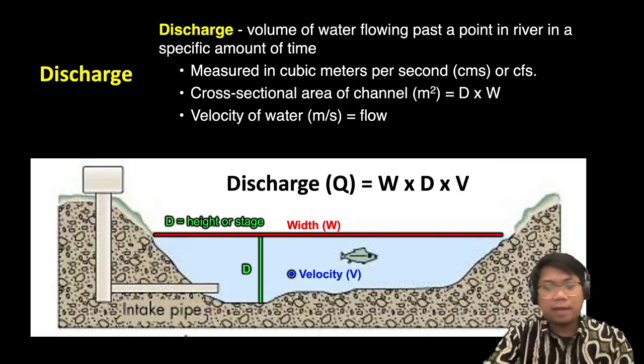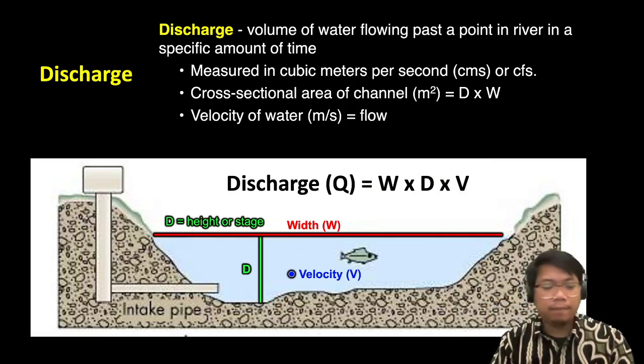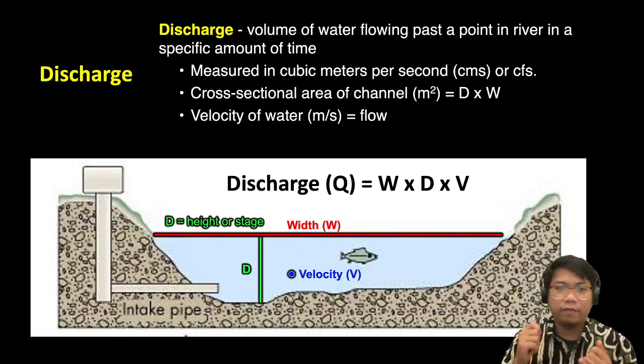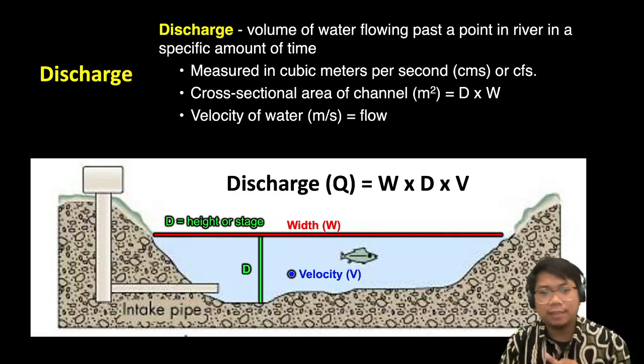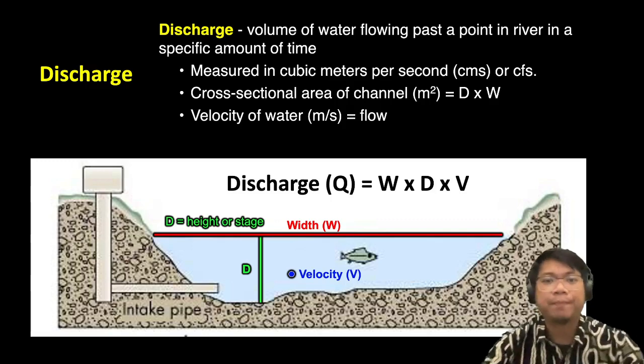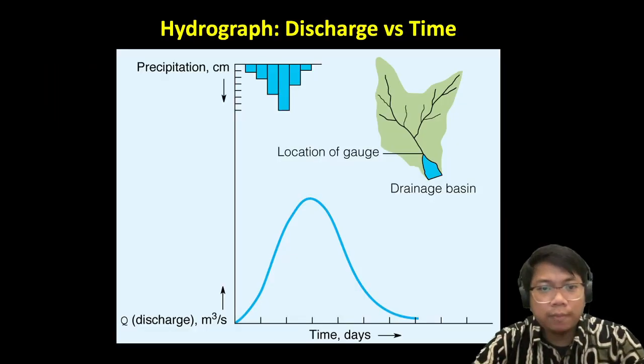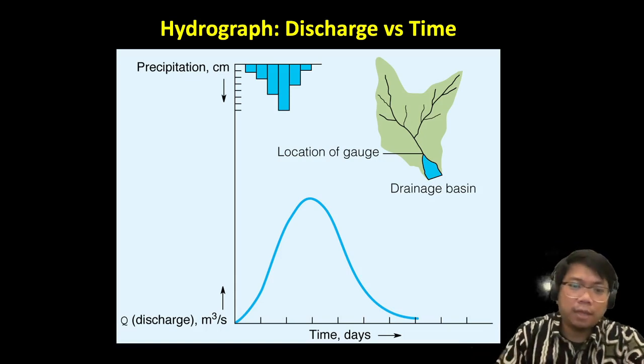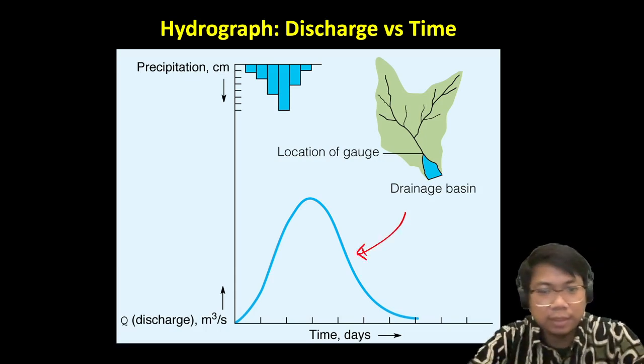So you have that, and then you also measure those variables in time. Therefore, you will have the discharge data as well as time data. By having those different variables, we can plot discharge by time. Typically during flooding, this is the shape of the curve that you will see.